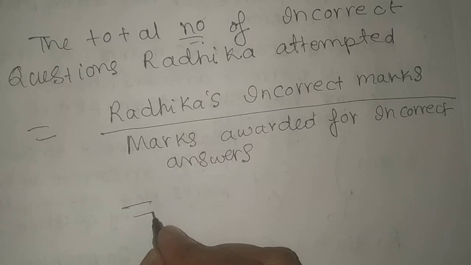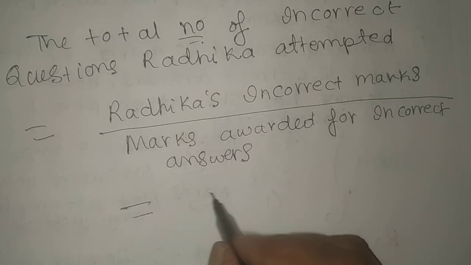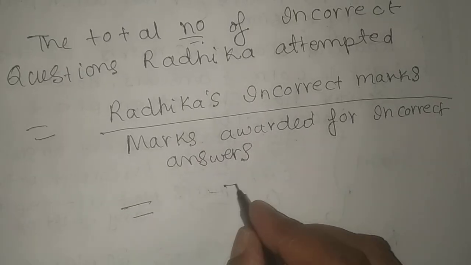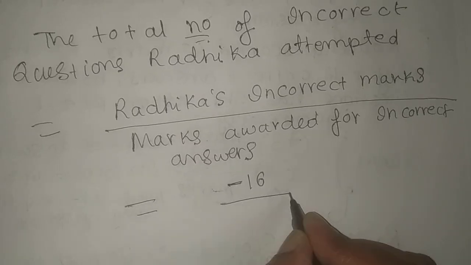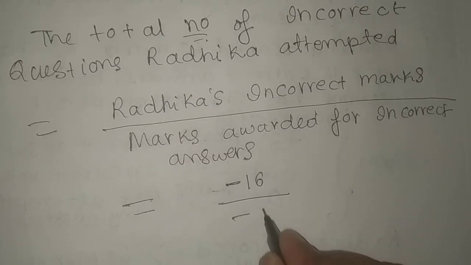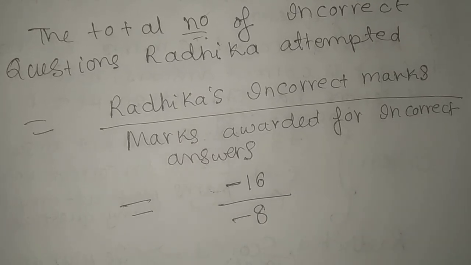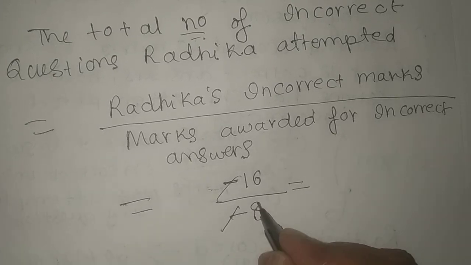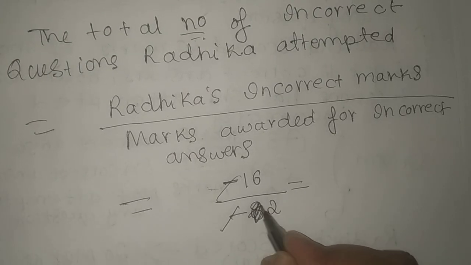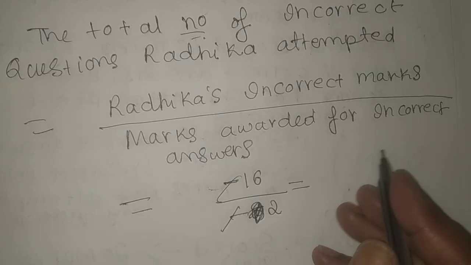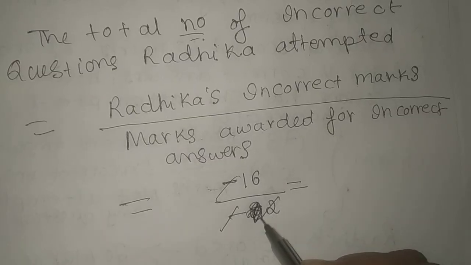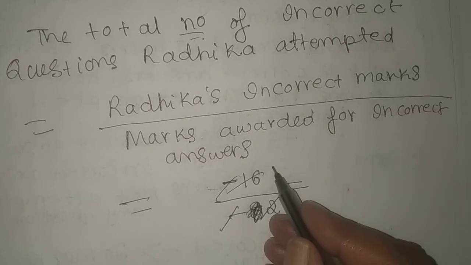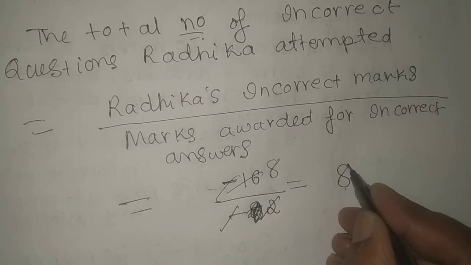Radhika got incorrect marks of minus 16, divided by minus 2, since marks awarded is minus 2 for each incorrect answer. Minus minus cancel. So 2 eights are 16, therefore 8.